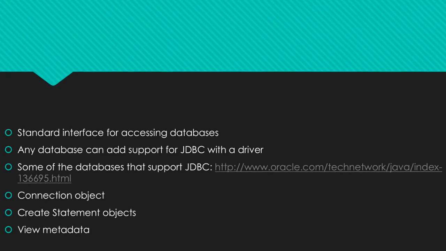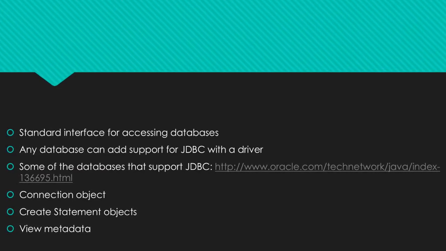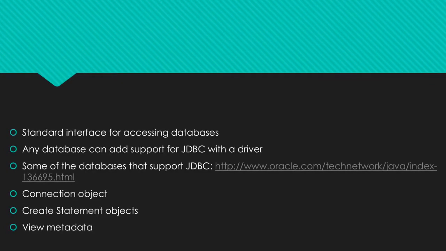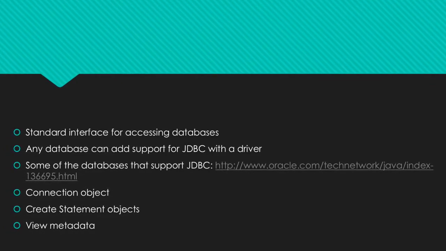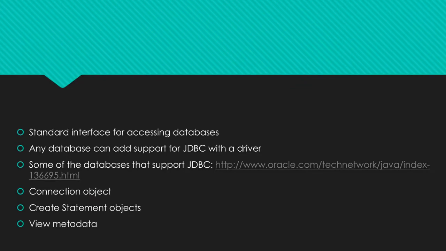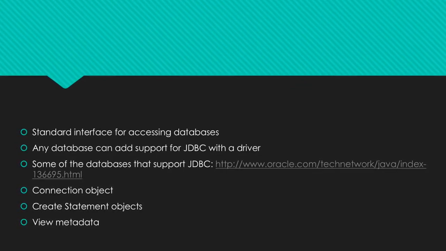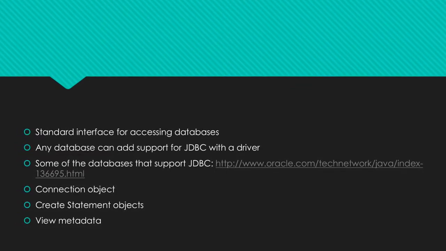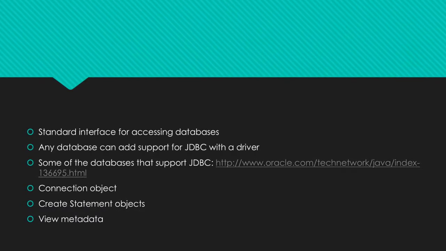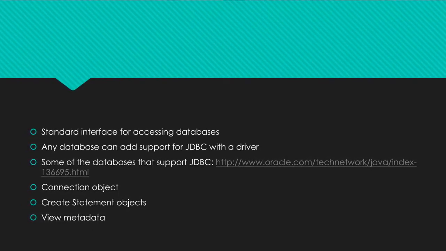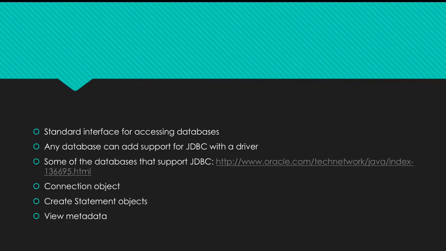JDBC, also known as the Java Database Connectivity API, has many uses. It provides a standard interface for accessing databases, usually relational, in Java. It is also used whenever you need to connect to a database in Java.